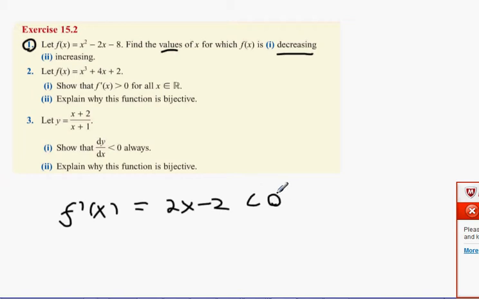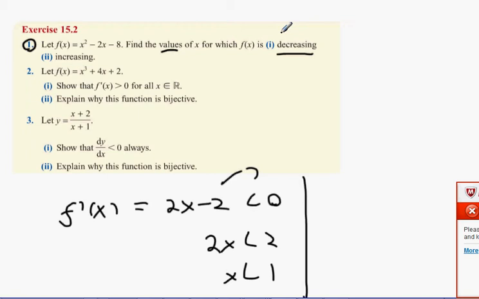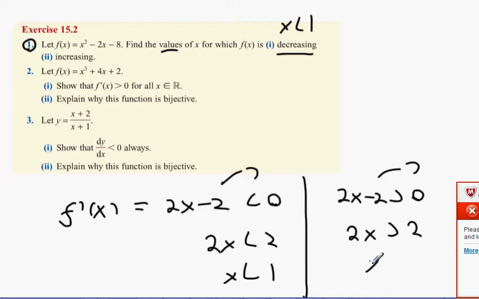It's less than 0. Bring the 2 over the other side. 2x is less than 2, x less than 1. x is less than 1 when you're decreasing. When you're increasing, 2x minus 2 is greater than 0, and therefore 2x is greater than 2. x is greater than 1.